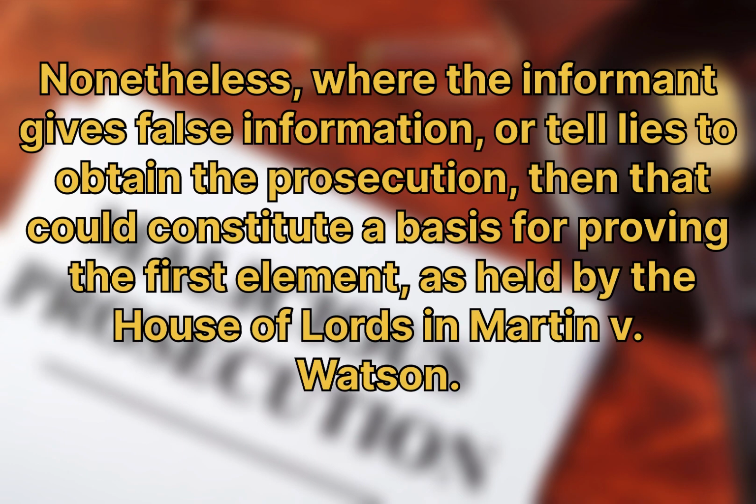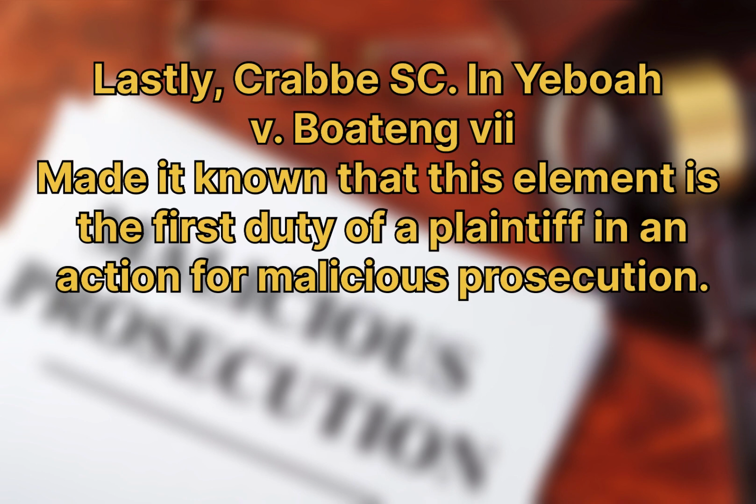Nonetheless, where the informant gives false information or tells lies to obtain the prosecution, then that could constitute a basis for proving the first element, as held by the House of Lords in Martin versus Watson. Lastly, Crabbe JSC in Yeboah versus Boateng made it known that this element is the first duty of the plaintiff in an action for malicious prosecution.